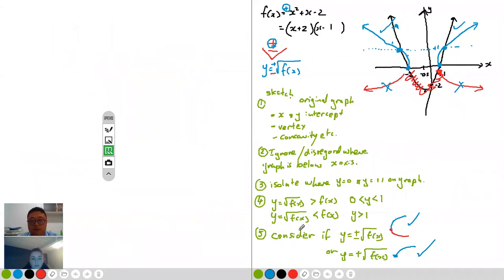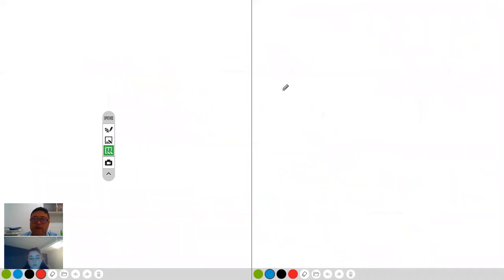Let me share with you what I mean. You have a curve that looks like this. Imagine you have a curve that looks like that.